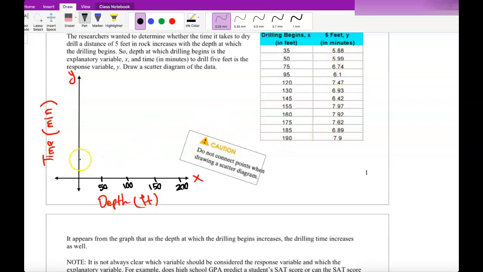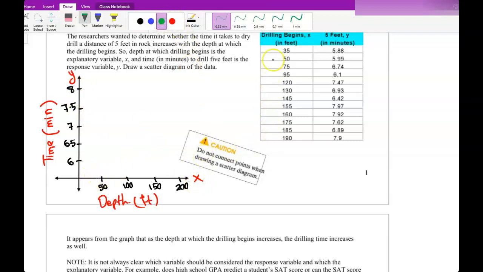So I'm going to use these on the y-axis.